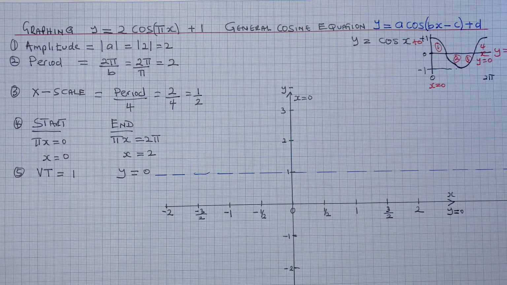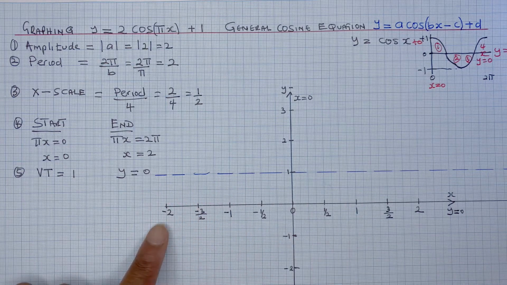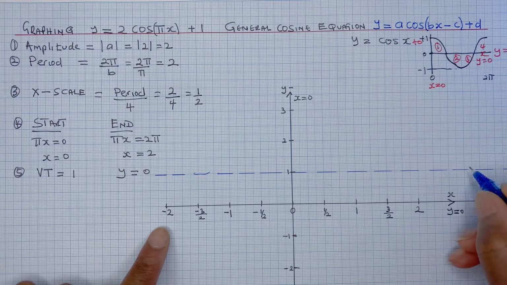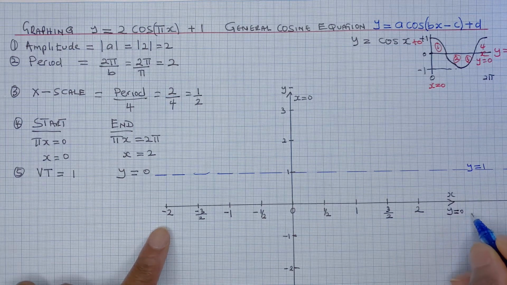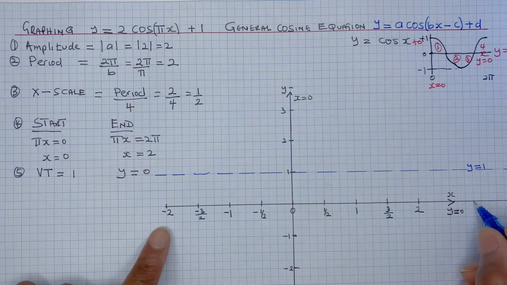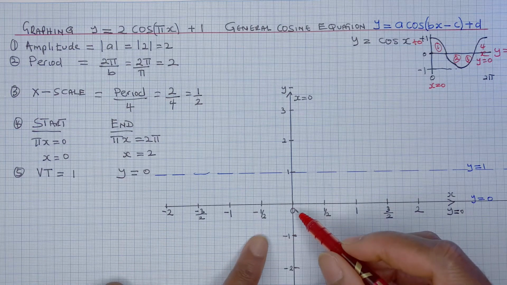Right, so it's going to be raised by 1, which means that it's lying on y equals 1. So it's going to lie on y equals 1, not y equals 0. This is y equals 0. So now we need to plot the points.